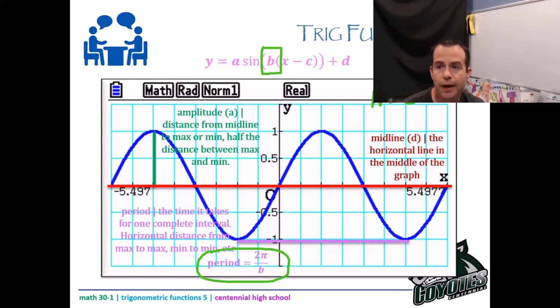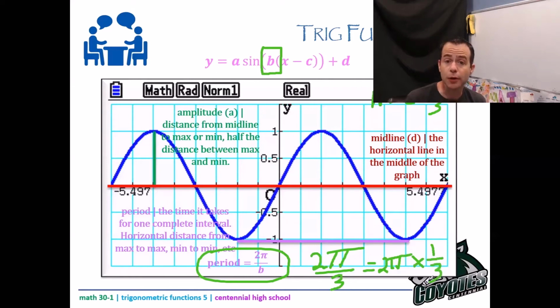Okay, now, think about that with my period. The standard period for a sine graph or cosine graph is 2 pi. So by going 2 pi over 3, because it says 2 pi over the b value, right? Really what I'm doing there is 2 pi multiplied by a stretch factor of 1/3.